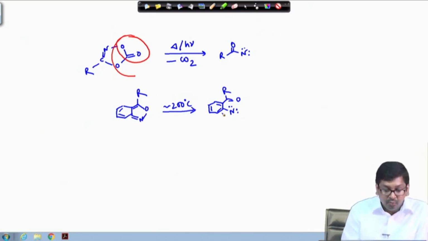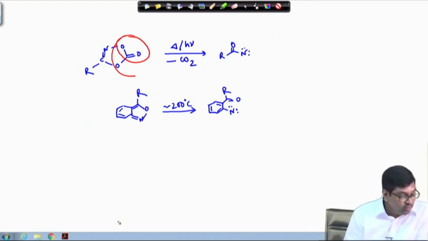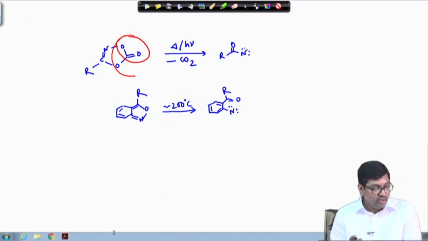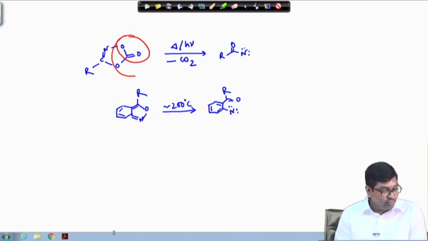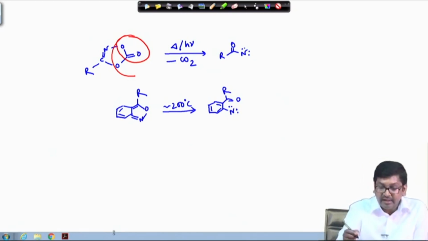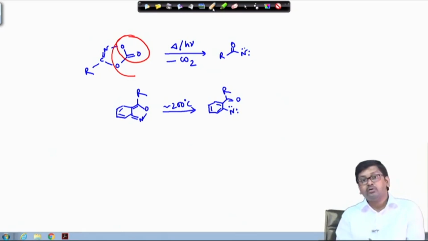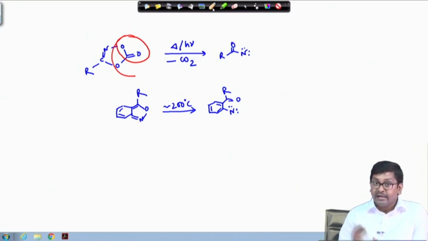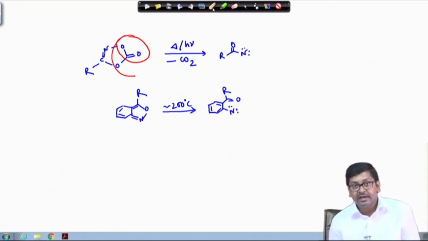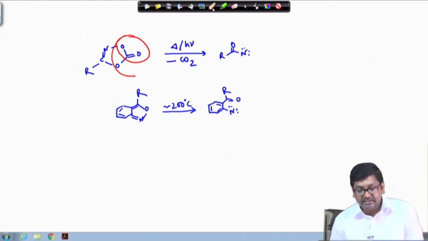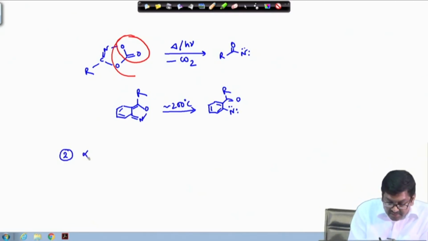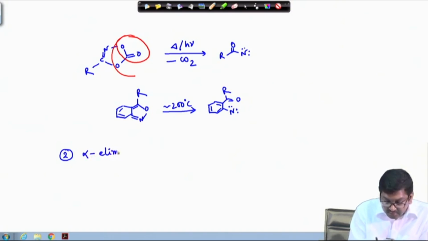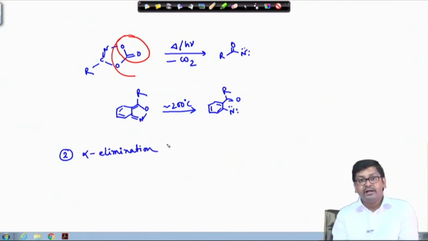We have discussed previously also that not only through this thermolysis or photolysis, there are other methods that can also lead to the nitrene. We have discussed in the case of carbenes, for example, alpha eliminations. In this case also we can think that alpha elimination can provide the required nitrene.